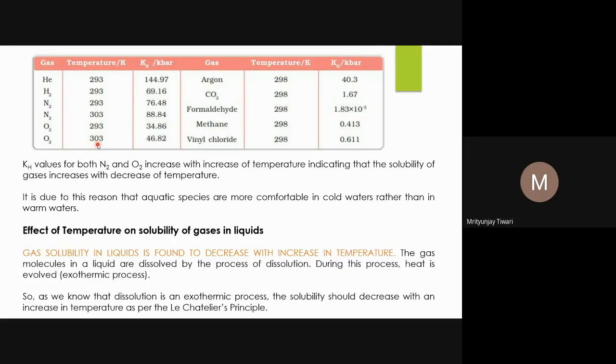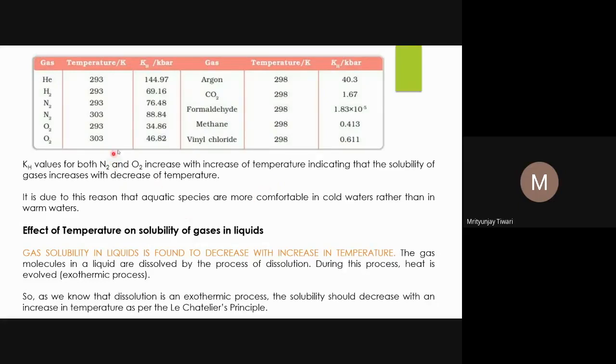Less solubility of oxygen means less oxygen will be there in water at a given temperature. As aquatic animals are dependent on the dissolved oxygen in water, they will be very uncomfortable, and if the oxygen concentration decreases significantly, they will die.